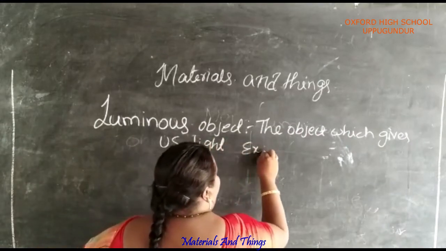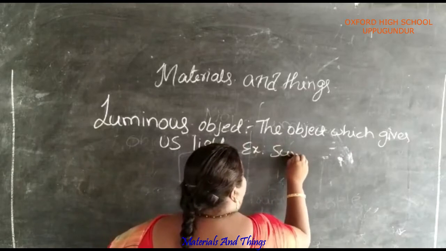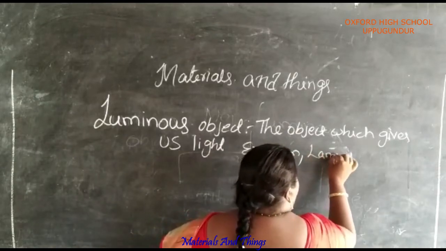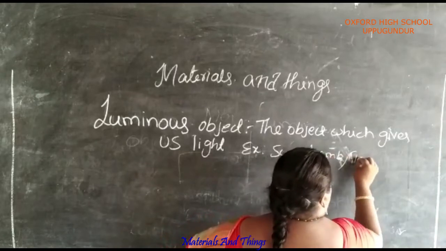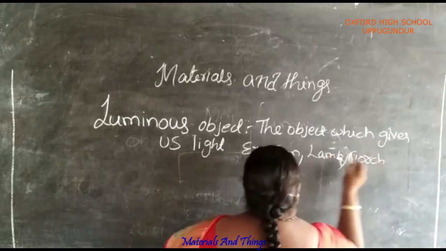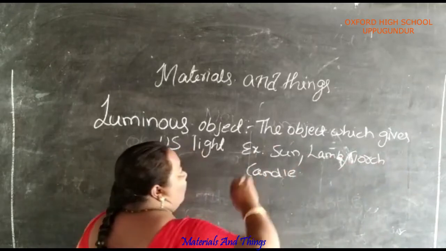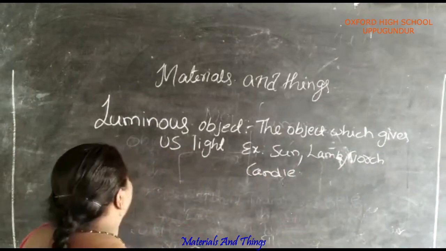Examples: sun, lamp, torch and candle. This is called luminous objects.